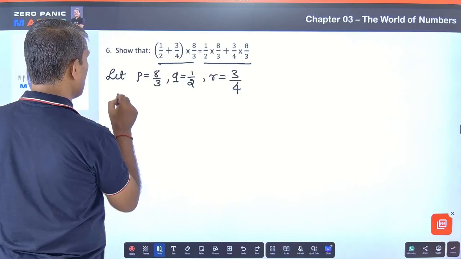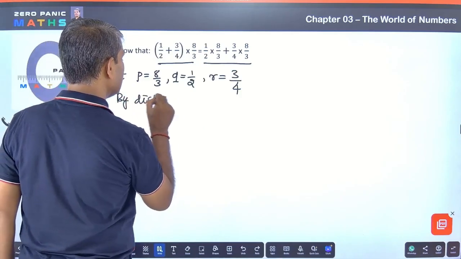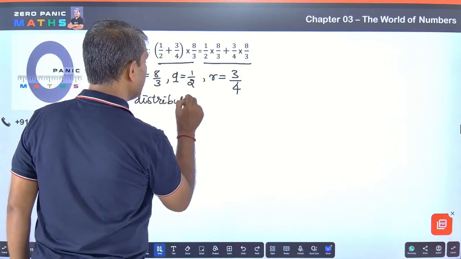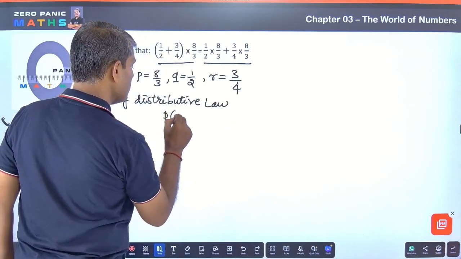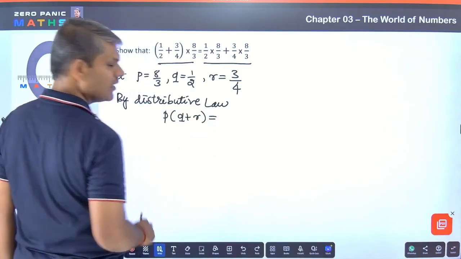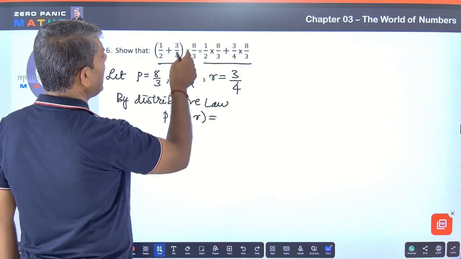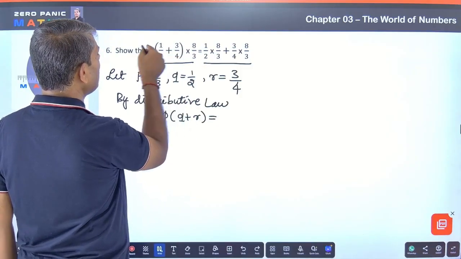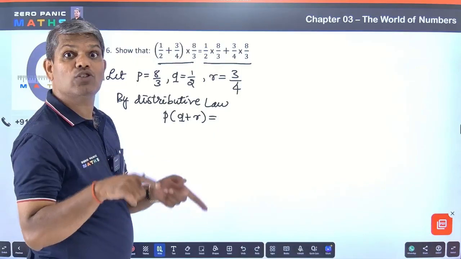The distributive law, by distributive law, we know that P multiplied by Q plus R, right? It is in this format only. You are multiplying P at the end of this, but you can multiply that also to the beginning also, because multiplication is commutative.